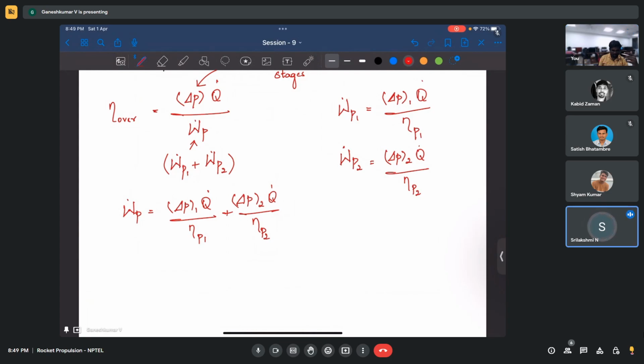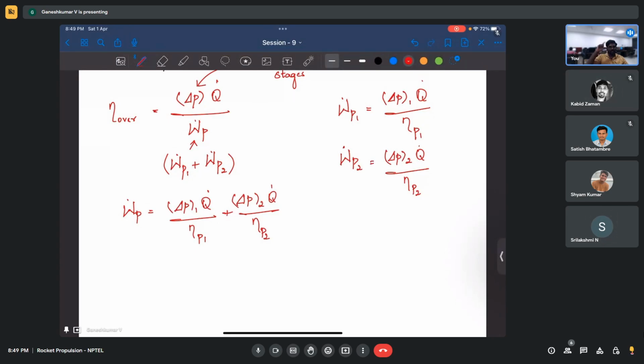So it is d0 minus di by 2. You should not see the cylinder as only two sides; it is throughout the circumference, exactly.